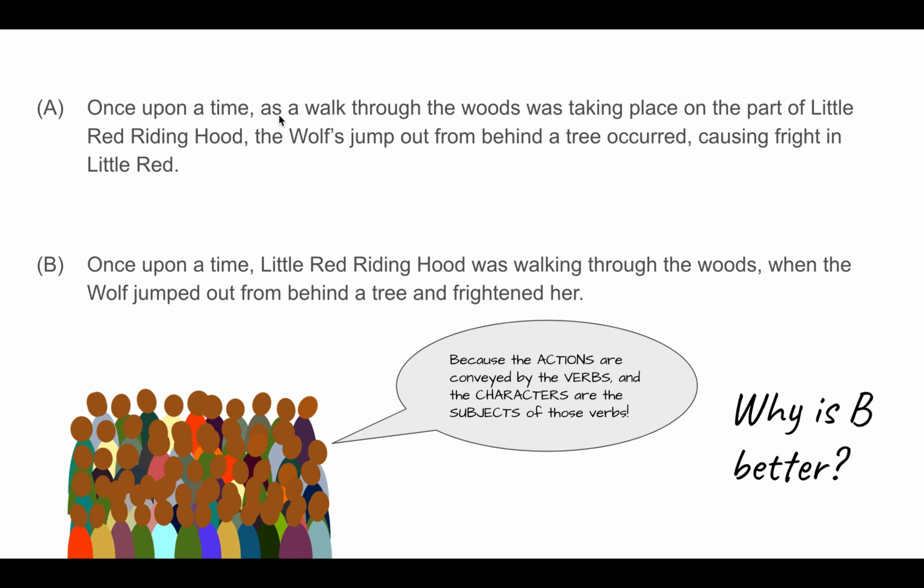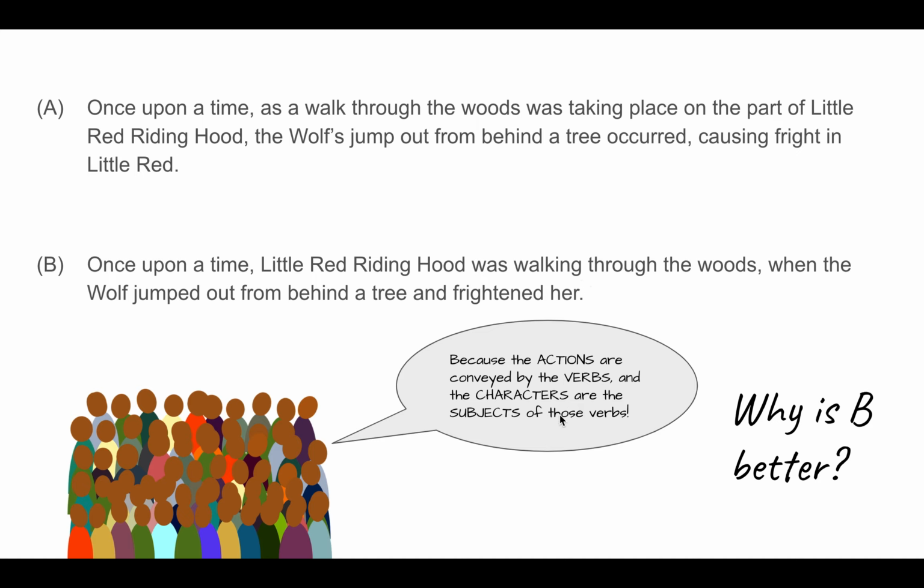So you see in this clause here in version A, as a walk through the woods was taking place on the part of Little Red Riding Hood, the subject of that clause is a walk through the woods, and the verb is was taking place. Okay? Here, though, Little Red Riding Hood is the subject, and was walking through the woods is a prepositional phrase. So Little Red Riding Hood is the subject, was walking is the verb of that clause.